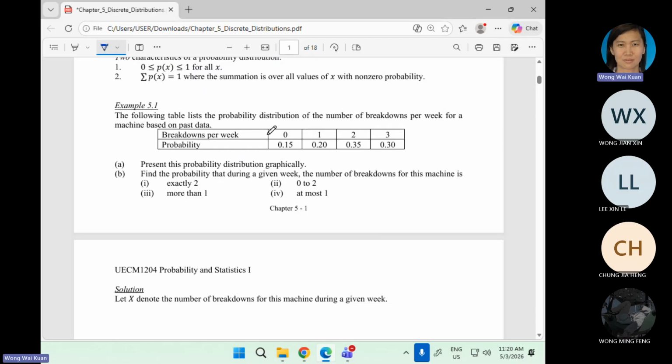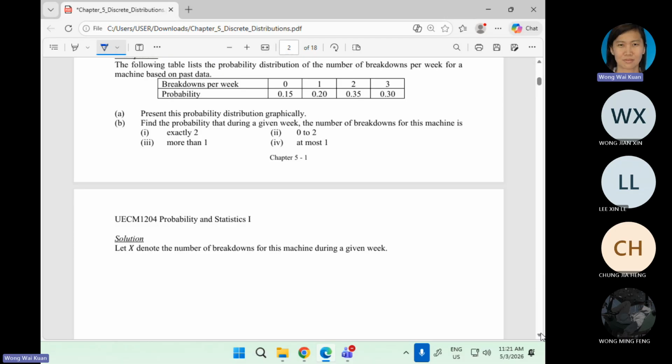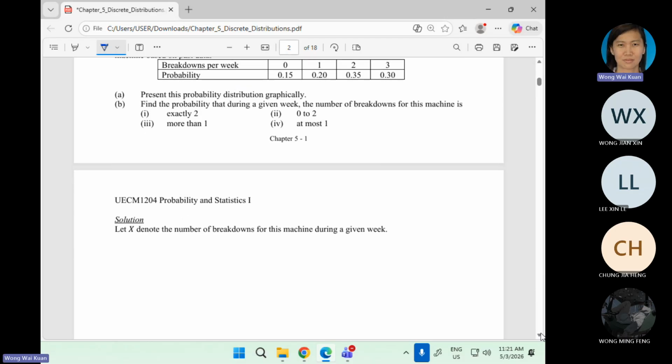These are the corresponding probabilities. A, can you present the probability distribution graphically? If you want to do it graphically, we do a line graph.